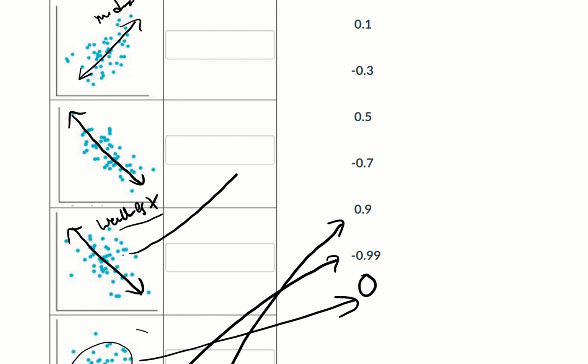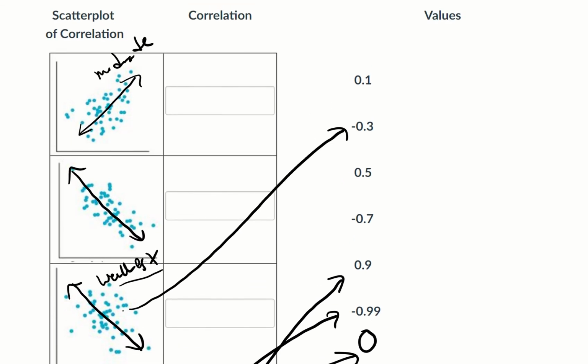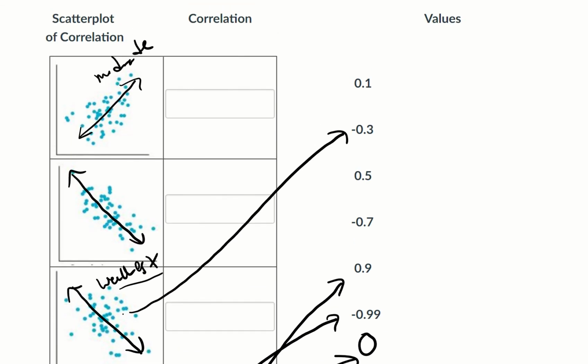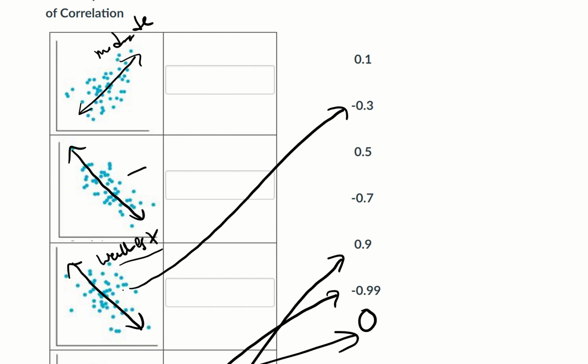We said that this is weak, so we're going to put that under negative 0.3. This one is negative, and it's about moderate strength, I would say. So I would probably match it up with the 0.5, or not the 0.5 because it's stronger than 0.5, but it's also negative. So I would probably say it's in the 0.5 to 0.7 range.